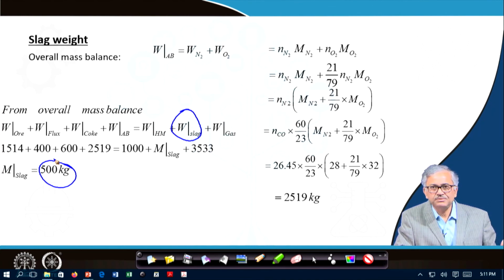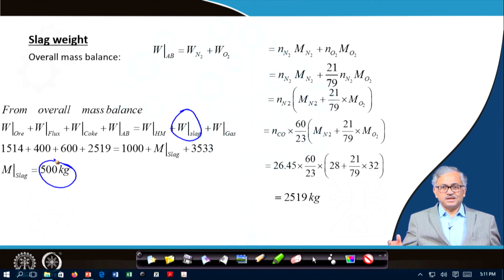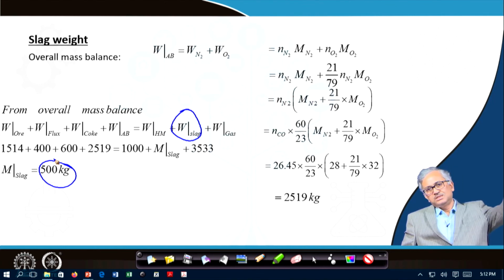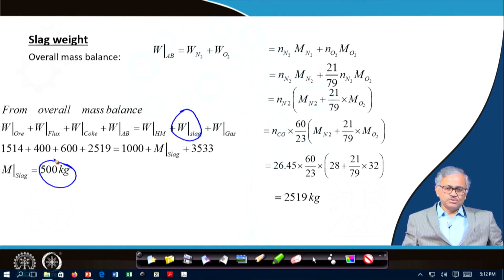Whatever is coming in has to come out. The blast furnace is obviously a steady state process, as I said earlier, because after starting the blast furnace, after a few days it comes to a steady state, since you are charging a particular amount of material and taking out a particular amount of material.